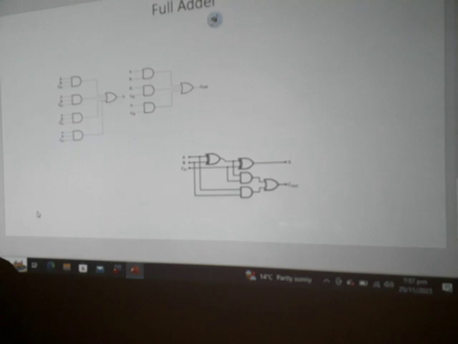Similarly, the carry relation is found by using 2 AND gates and 1 OR gate.